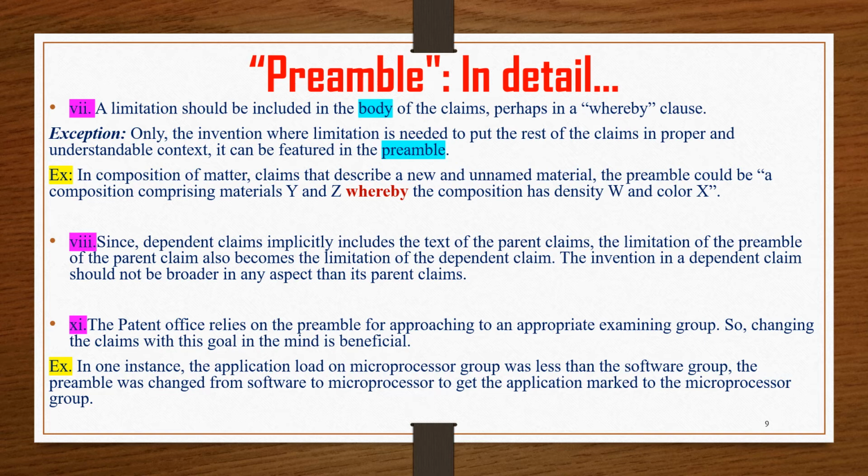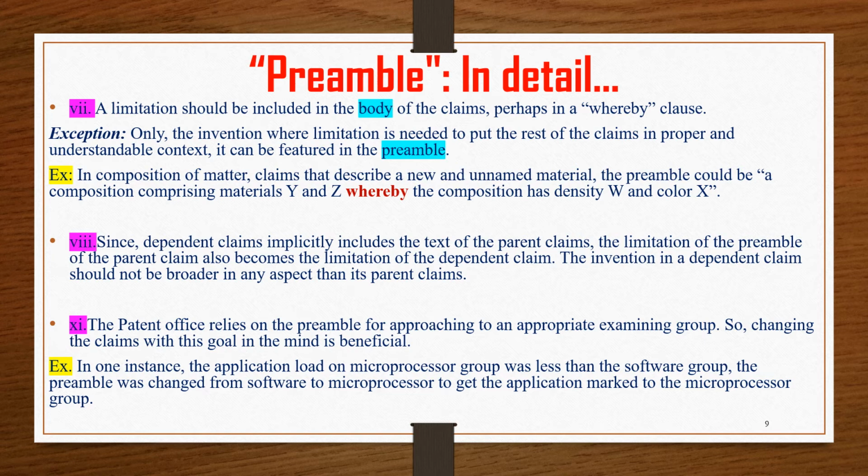That means there should be a proper mapping. As we know, dependent claims implicitly include the text of the parent claims, so the limitation of the preamble of the parent claim also becomes the limitation for the dependent one. That's why the invention in a dependent claim should not be broader in any aspect as compared to the parent claims.